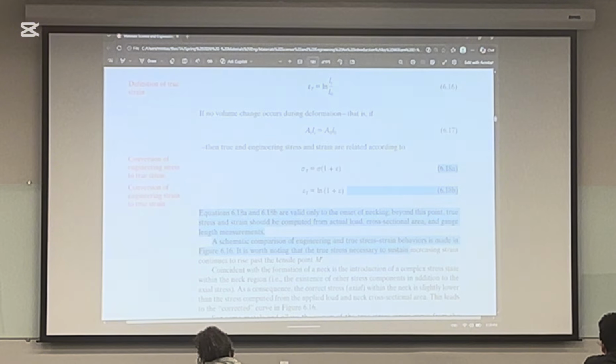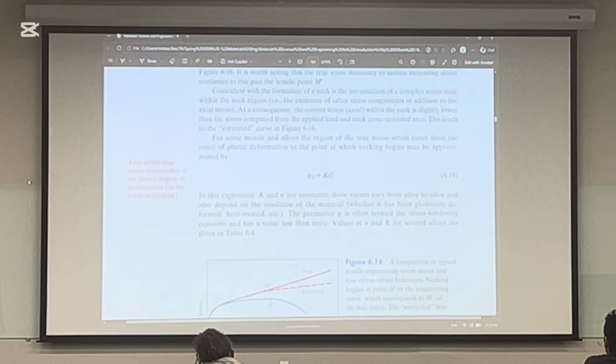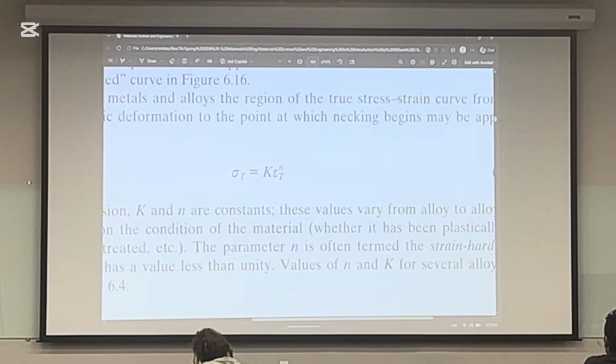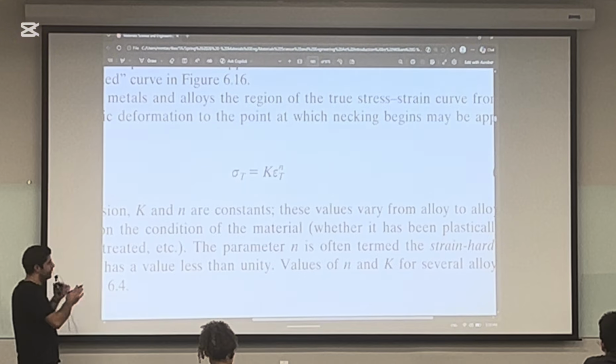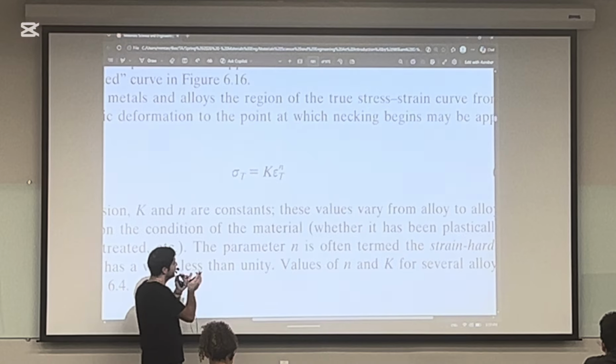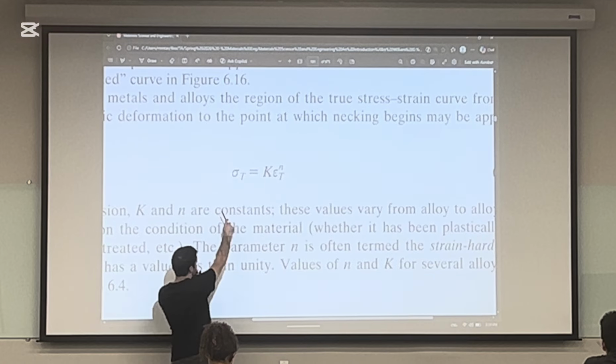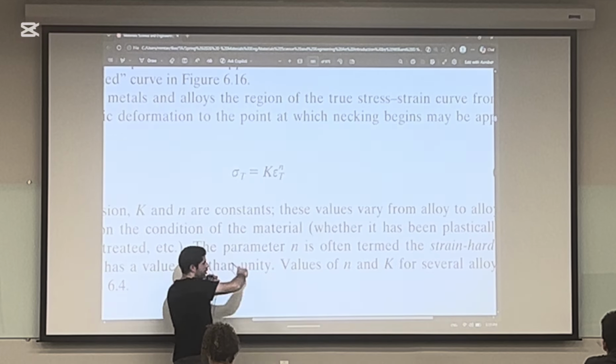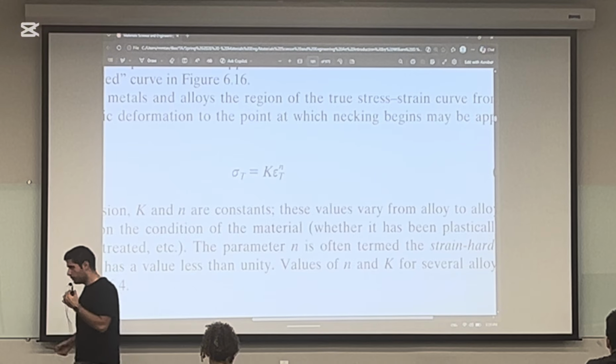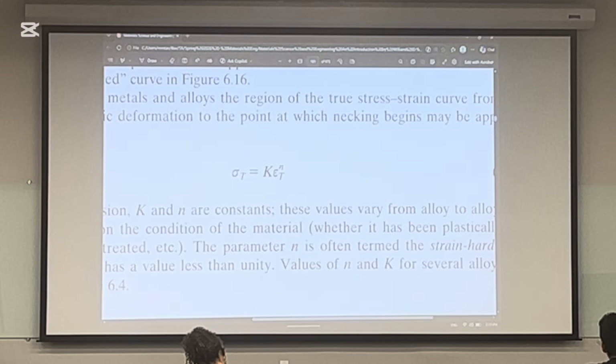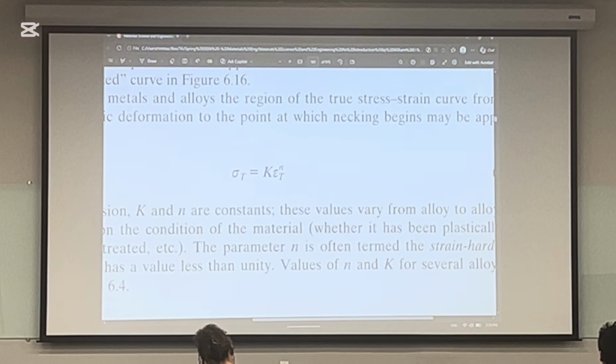There is another formula, if I can find it here. Okay, yeah. Similar to Hooke's law, we have another equation which relates true stress to true strain. It works the same way as Hooke's law for the engineering parameters.